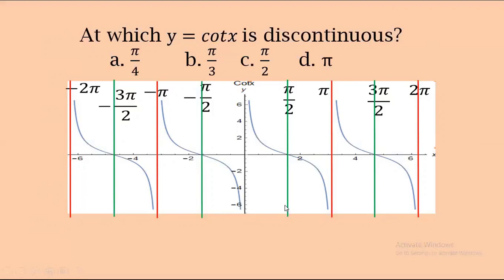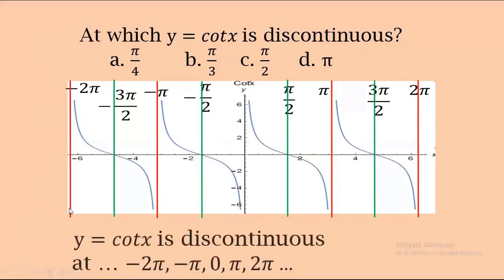You see at 0, pi, 2 pi, minus 2 pi. But that is a general discussion. Out of these four options, at which is cot x discontinuous? You see only one value we are getting.